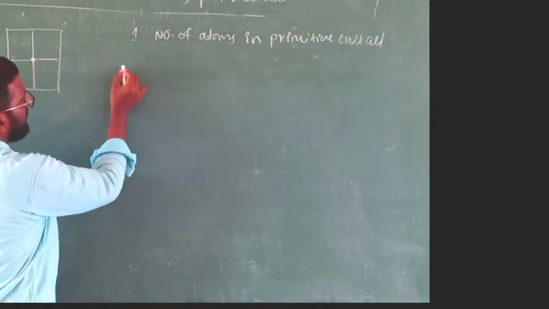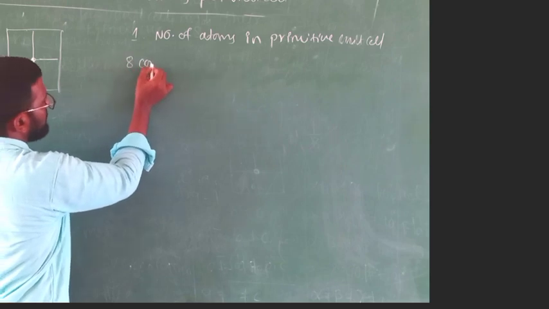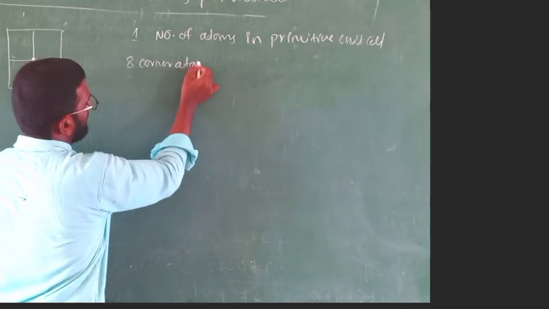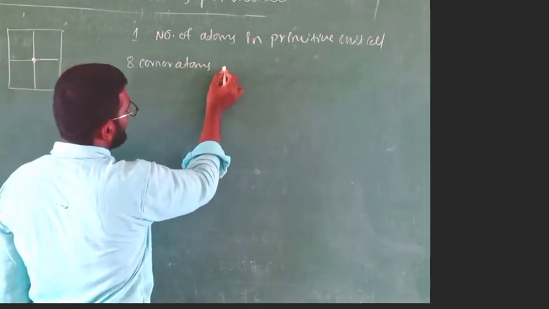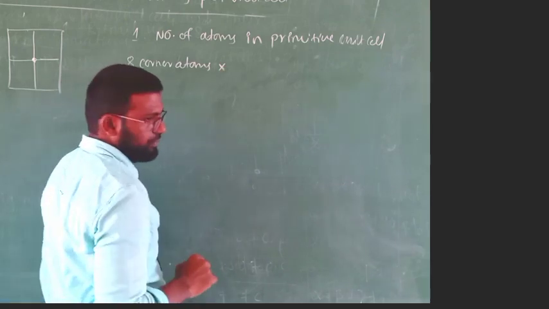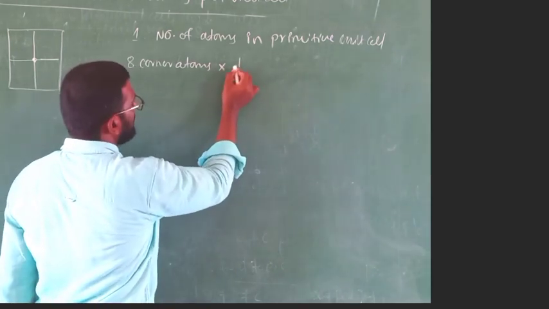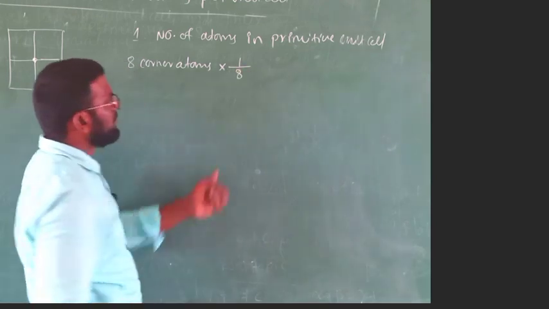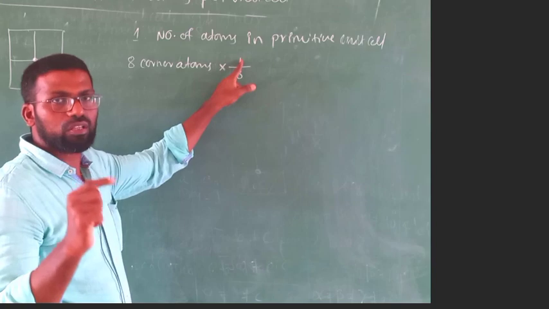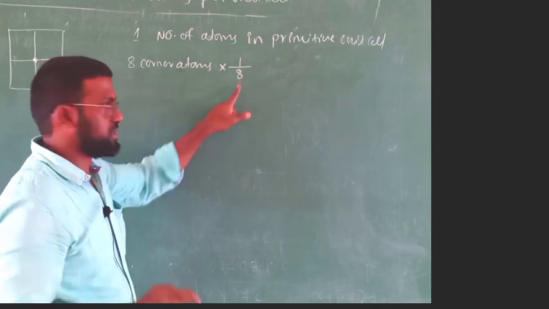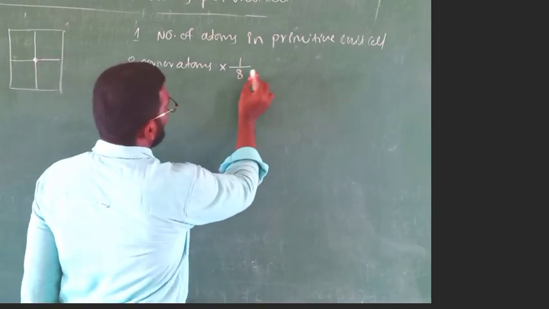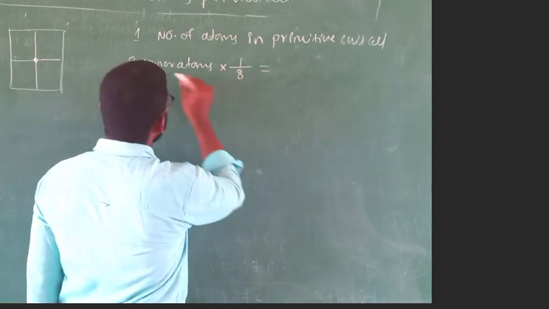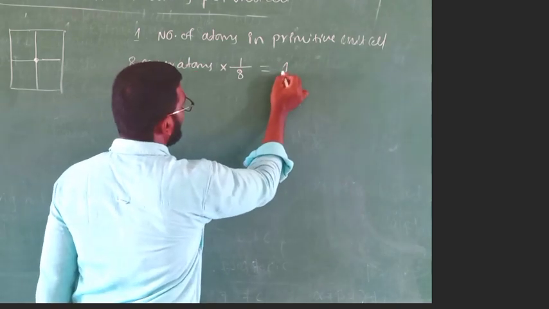Here, total number of particles: 8 corner atoms, each atom is shared by 8 unit cells, so the contribution is 1 by 8. That is equal to 8 corner atoms into 1 by 8. 8 get cancelled, so we'll get 1.